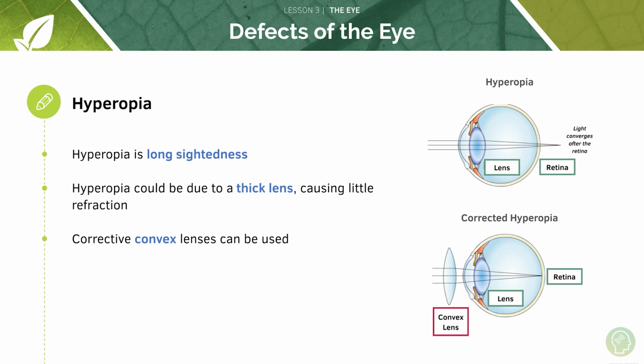And to correct it, we're going to use our convex lens, because remember, we're angry and we vex when we're hyperopic. And they make the incoming light rays converge before they hit the lens, so that the rays end up focusing on the retina. And lenses are found in your glasses or contact lenses, and like short-sightedness, lenses can be found in both of these things.